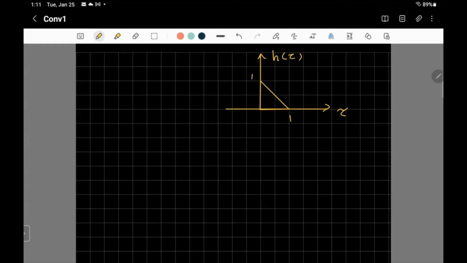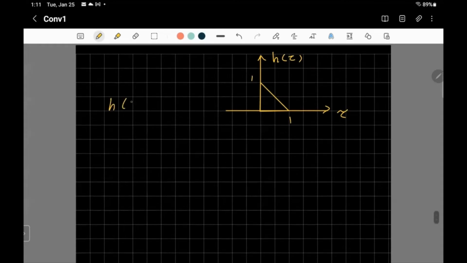So when I say h t minus tau, keep in your mind t numbers could be 1, 2, 3, 4, whatever. But the important thing, you should sketch h minus tau, which should be like that.